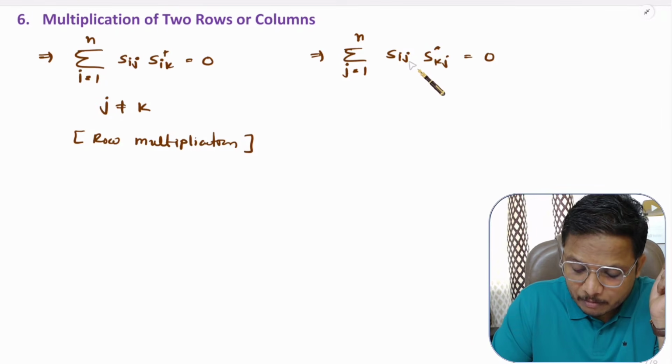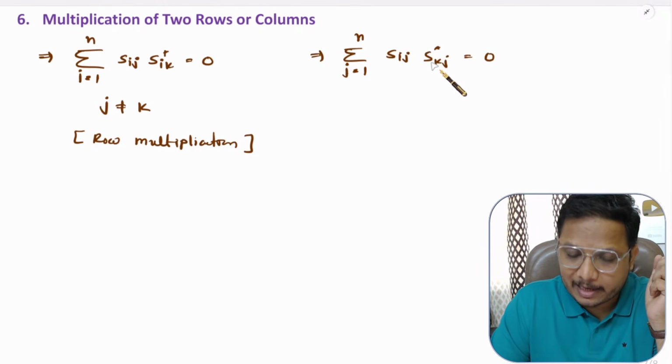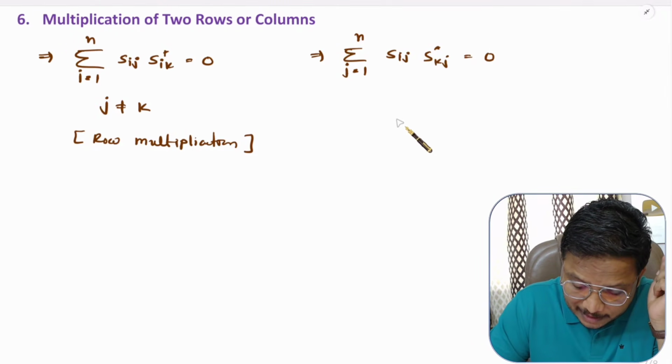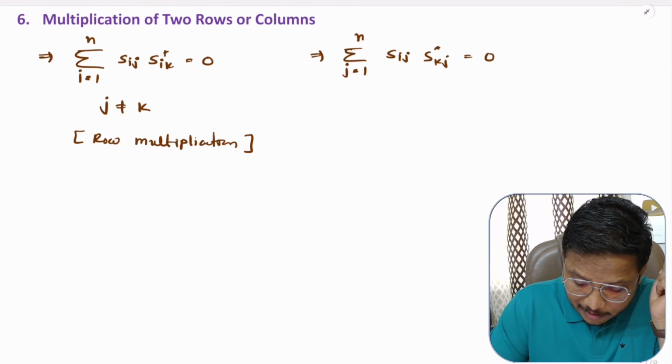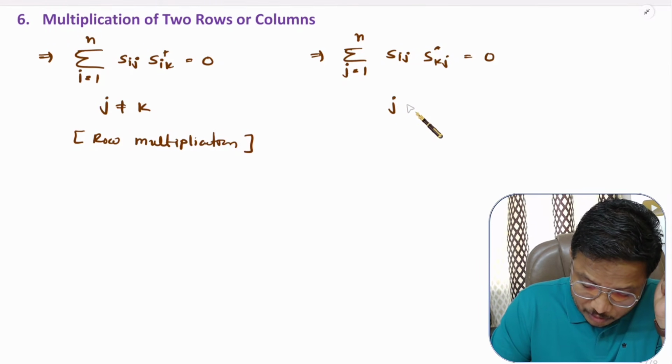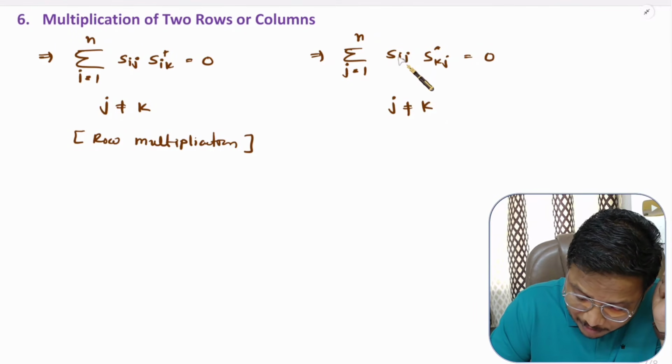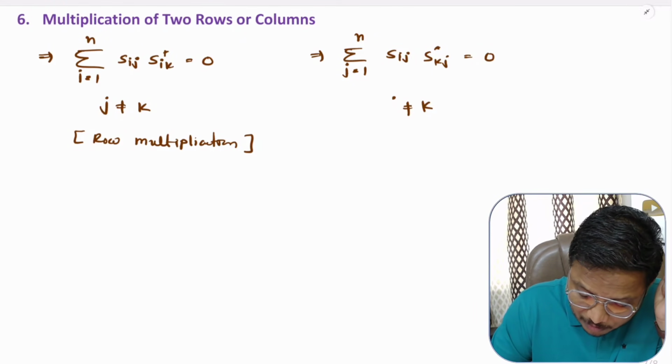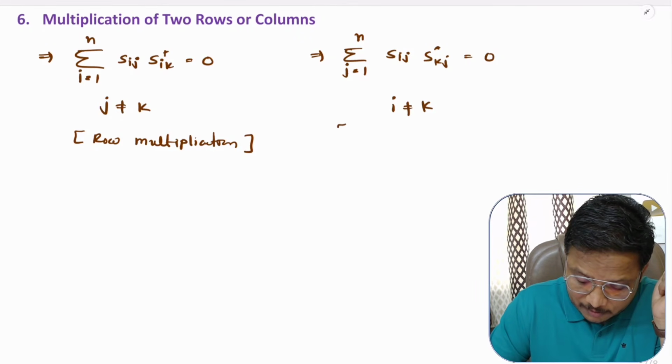But remember, both columns should be different, and the second column we need to consider as a conjugate. So here j should not be equal to k. Here instead of j we have i, so i should not be equal to k, right? So this is column multiplication.